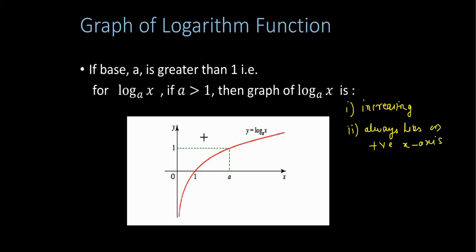Why positive? Because we know that for log x to be defined, x should be positive. Just remember the first condition when we defined the logarithm function. So this x has to be positive, then only you can find the log of any number. Hence the graph will always lie on the right-hand side of the y-axis. There is no portion towards the left.